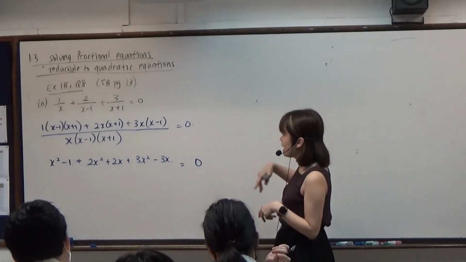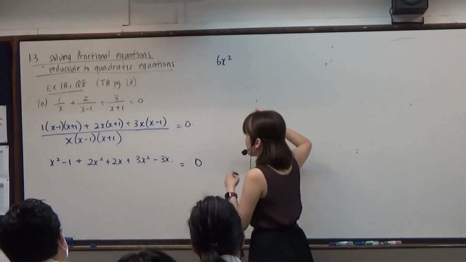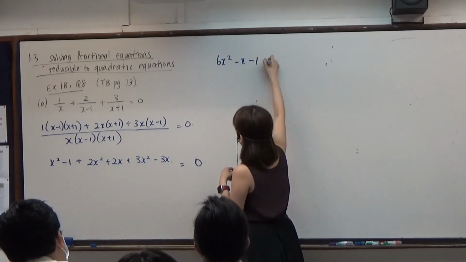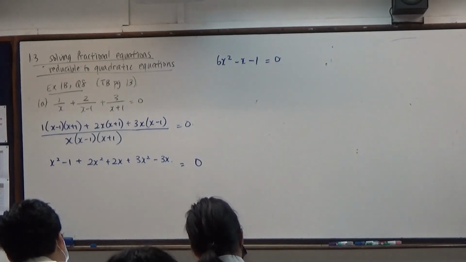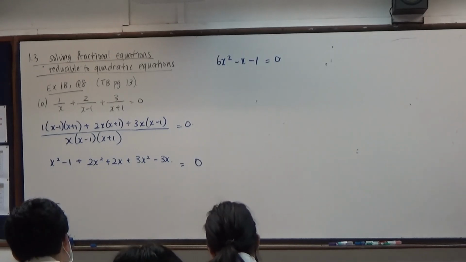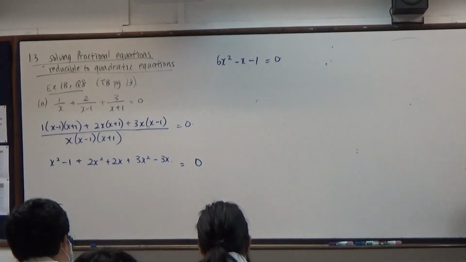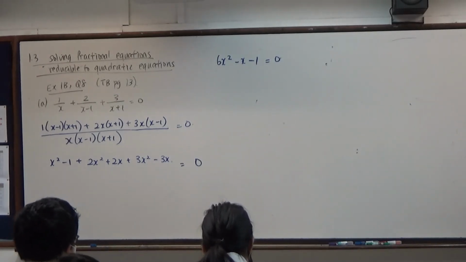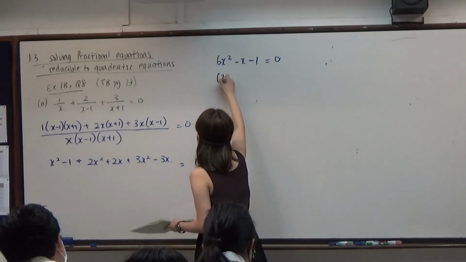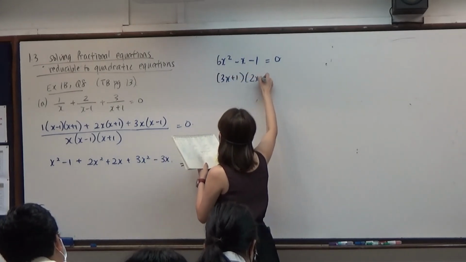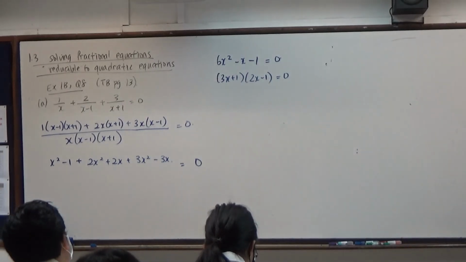Then after that we simplify the left. So we will get 6x squared, followed by negative x minus 1. In this particular case, we can actually factorize it if you can realize it. Otherwise, you can of course use the formula. Whichever method you choose to do, you must show that step, show that working.